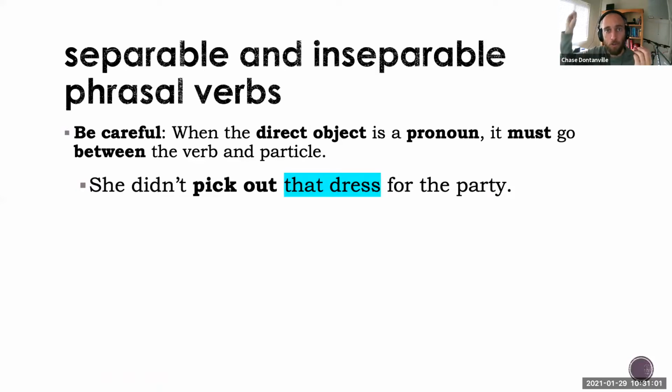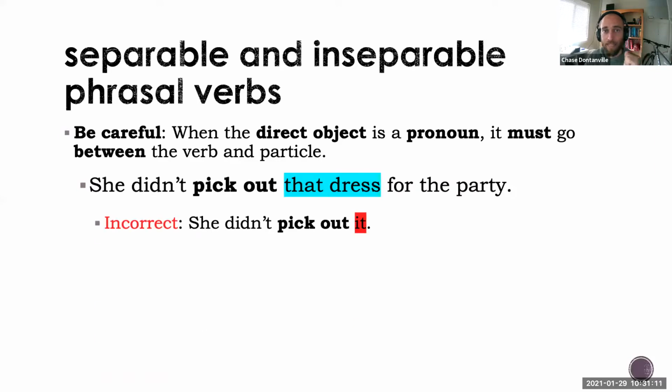It means choose or select. And that dress is the direct object. So if we change that dress to a pronoun, we can't put it at the end. She didn't pick out it. No. Because we use a pronoun, it has to go in the middle. She didn't pick it out.